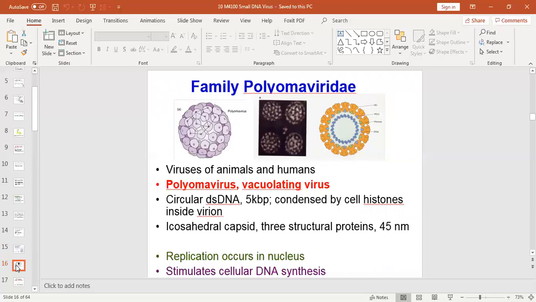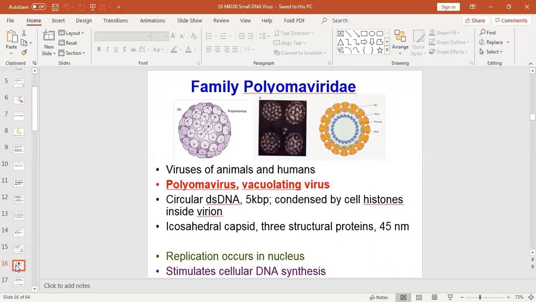The very first family of small DNA viruses is family Polyomaviridae. These are viruses of animals and humans, meaning that they can use both animals and humans as their hosts.